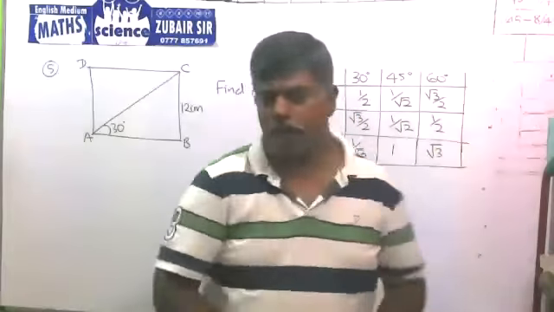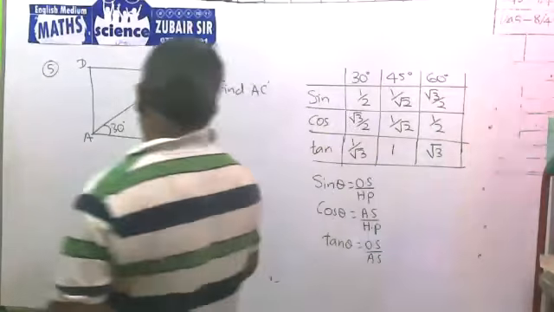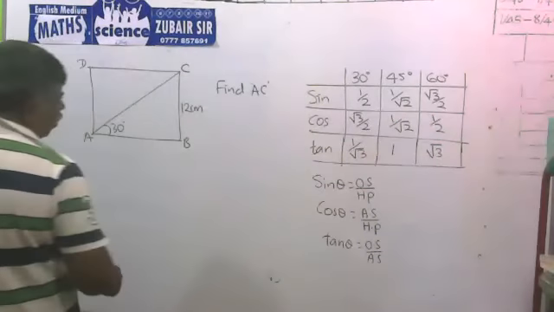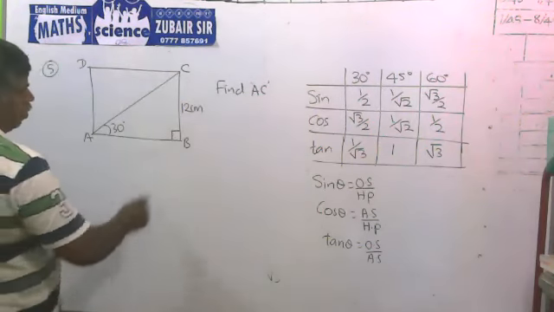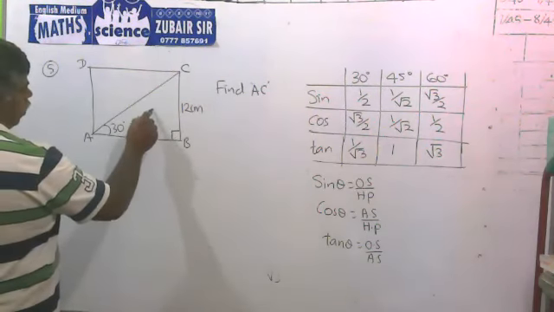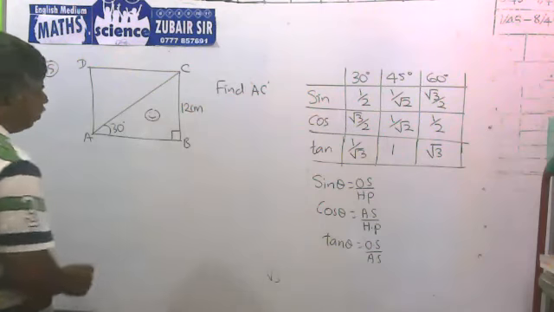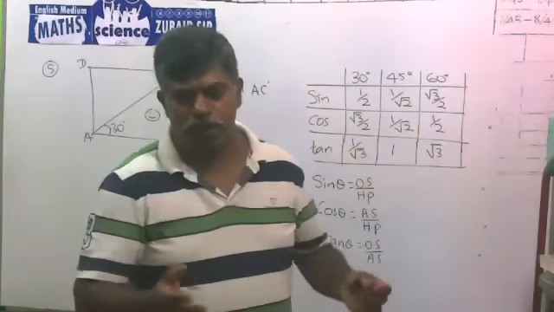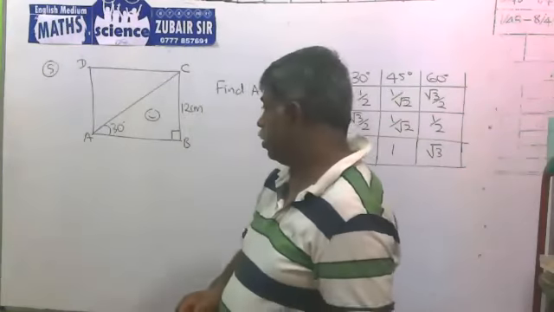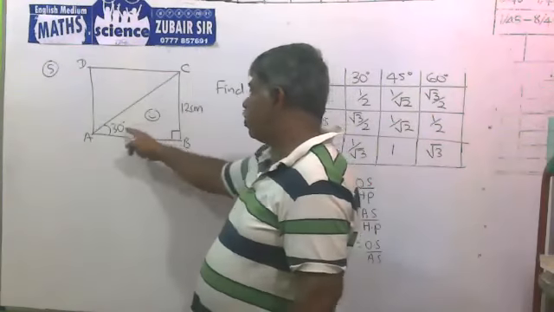Then we can see, now when you think about this rectangle, in rectangle all the angles are right angle. Then these are right angle triangles. In a right angle triangle, when one side is given, we have to use the trigonometry. So here one side is given, opposite to this 30.